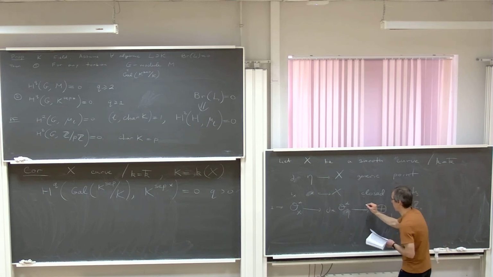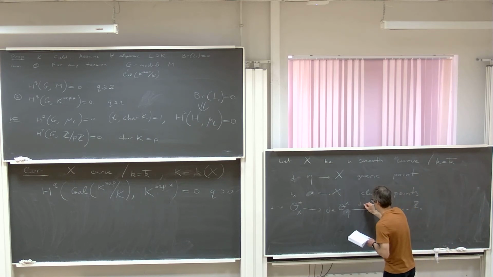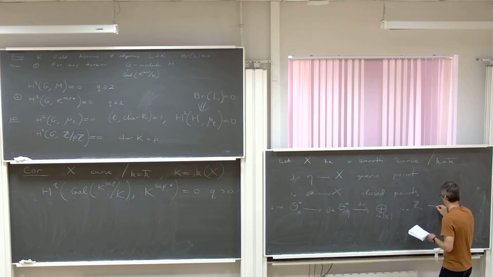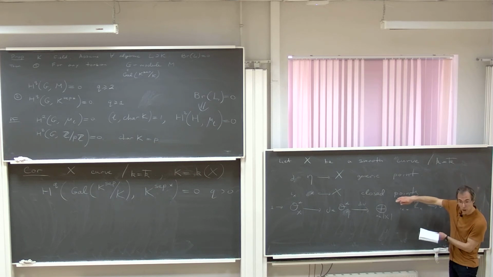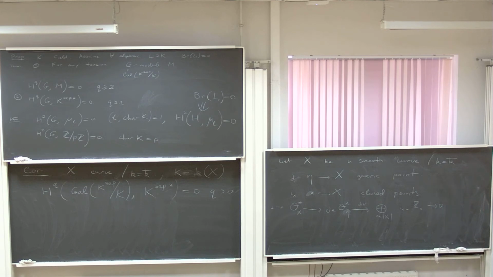This is the divisor. And of course, this is a sequence of sheaves for the étale topology. Locally, this map is surjective because locally every divisor is principal. That's true even Zariski locally, but I needed étale.